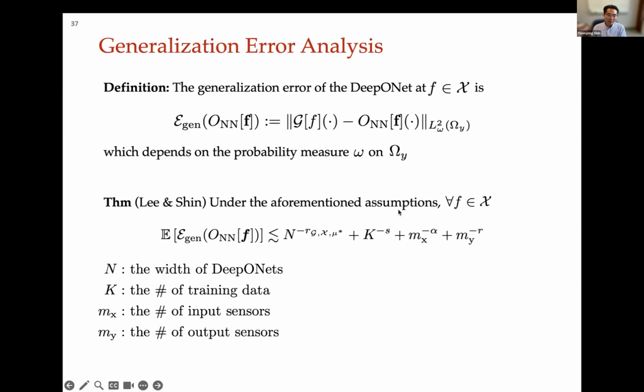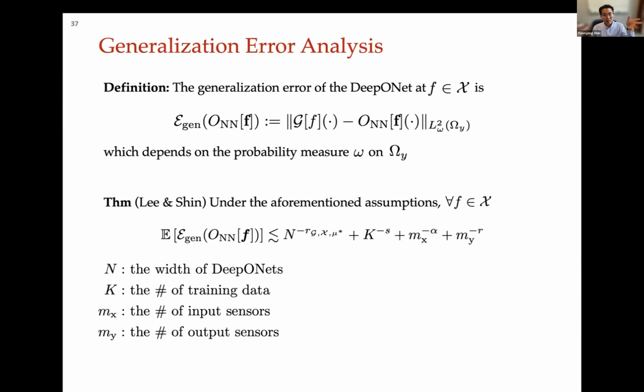Then we have 4 error terms. N is the width of the DeepONet, and the rate is related to mu star, because for the trunk network, we are looking at the parameters on which we figure out the best N basis that represents the given data.